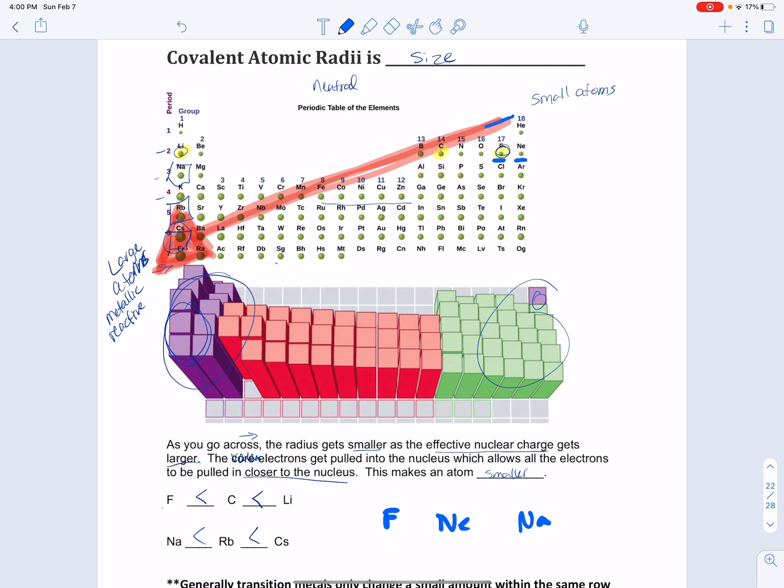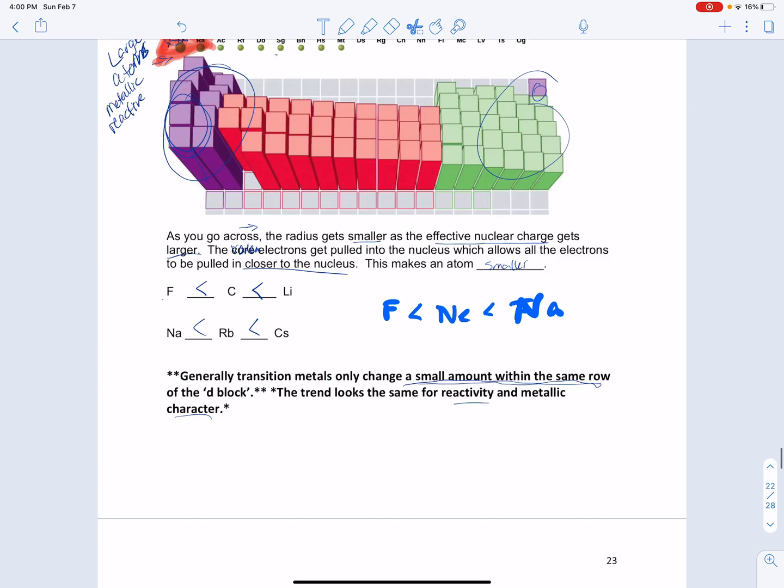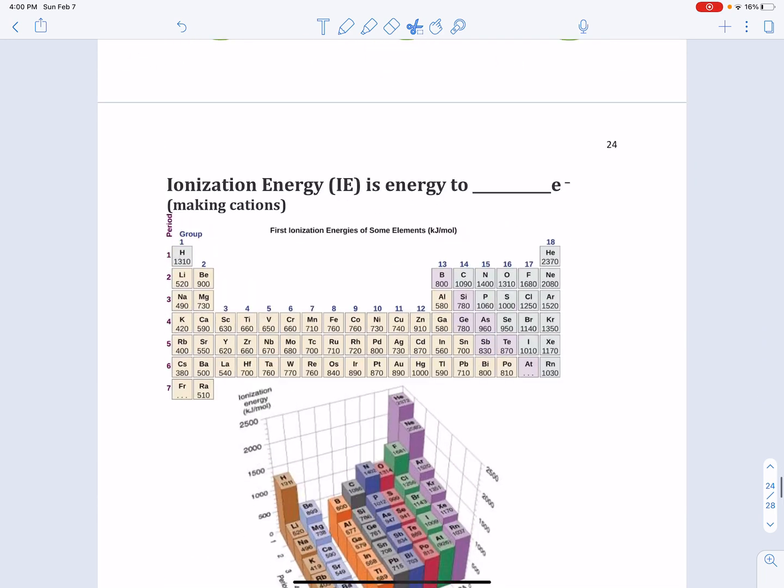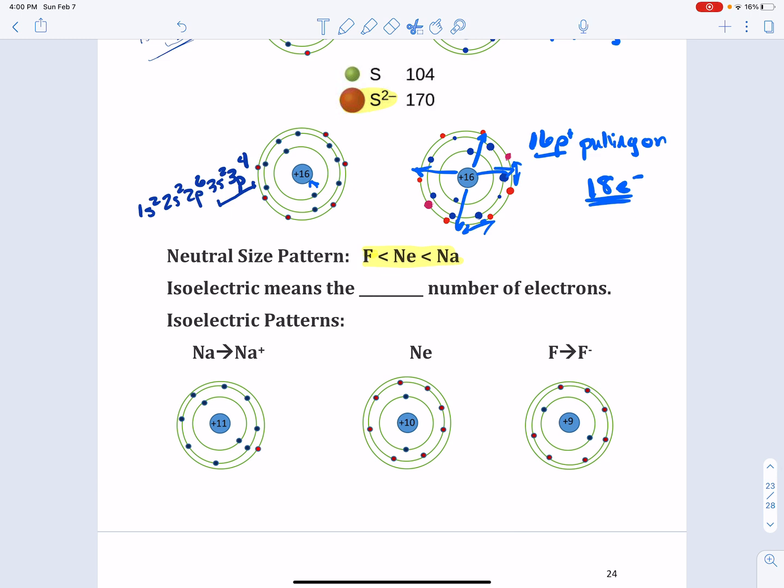And so if you're going with this directional idea, then you can go ahead and include neon in there. And then sodium, look how much larger sodium is. So you would expect this to be the trend, that fluorine is smaller than neon, which is smaller than sodium. At the very least, fluorine and neon could be similarly sized. So this is what you expect, this pattern right here.